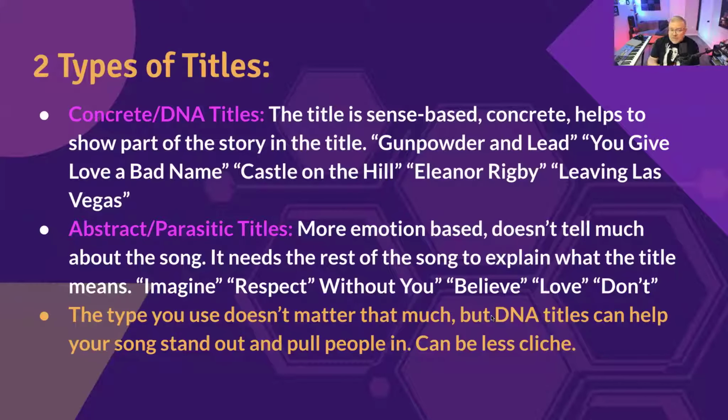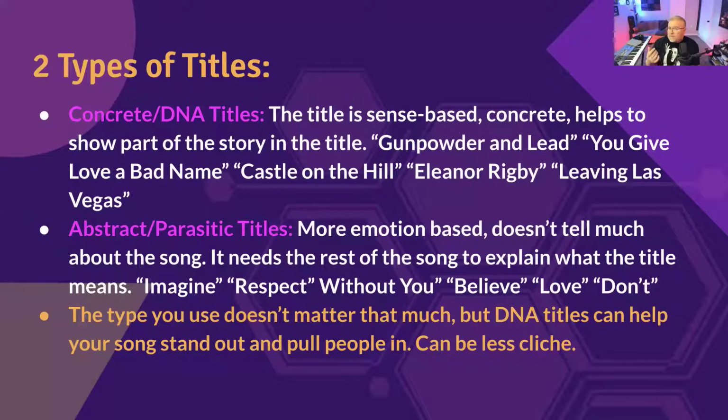So there's concrete or DNA titles. DNA titles or concrete titles are titles that are sense-based. They are concrete details, and it helps you to see part of the story in the title. It creates an image in your mind, like a visual or some kind of sense reaction.